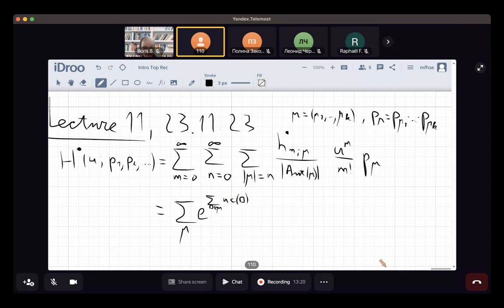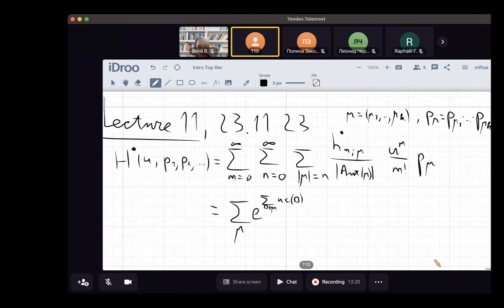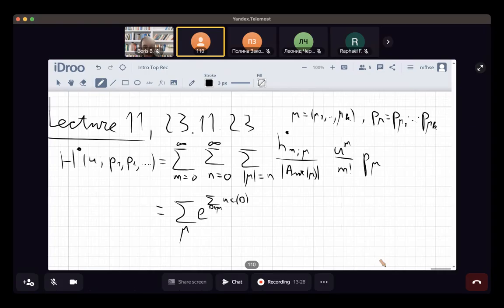Does this make sense? C of box is the content. Do you remember what the content of some box in the Young diagram was?